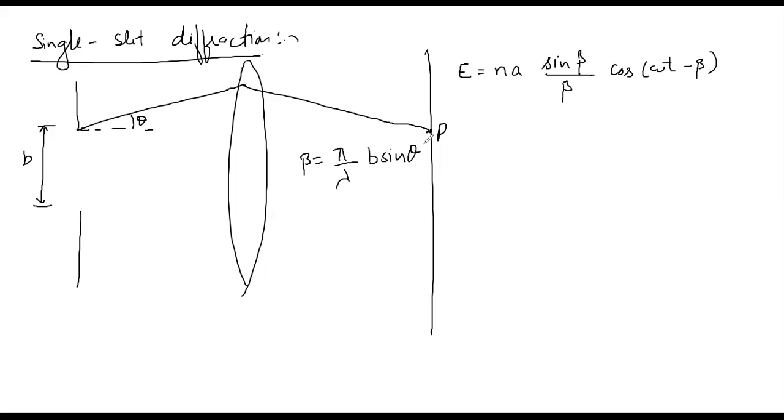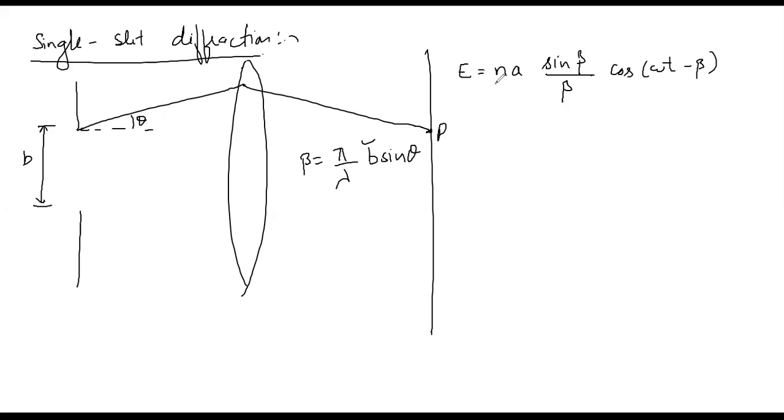Lambda, wavelength of the incident light, known to you. b is the width of the slit, known to you. Theta is the angle of diffraction. आपका angle of diffraction will decide कि आपके point P पे आपकी intensity का क्या होगा, whether you will be getting a minimum intensity or a maximum intensity at the point P here. So this was where we stopped in the last class.